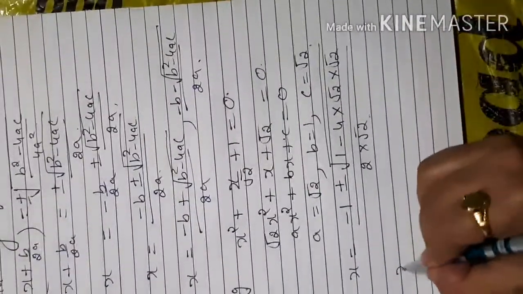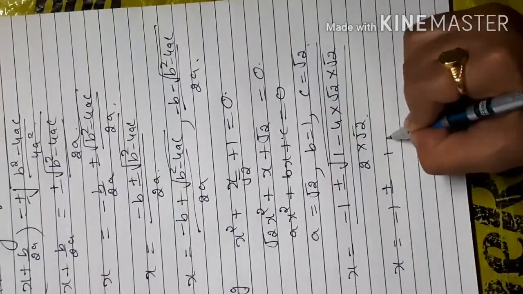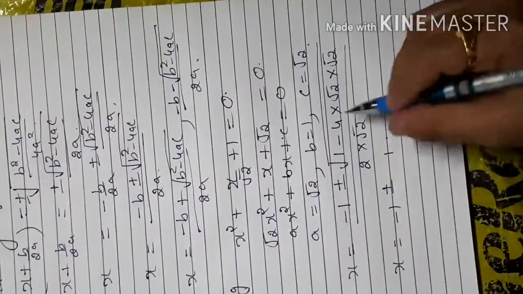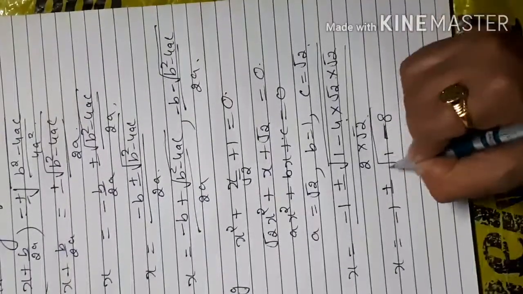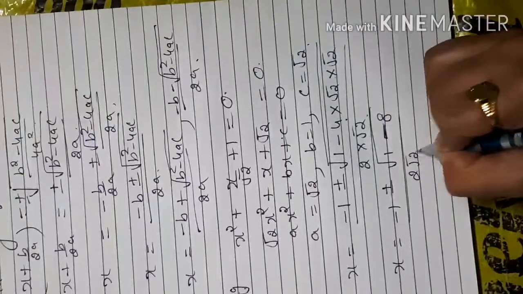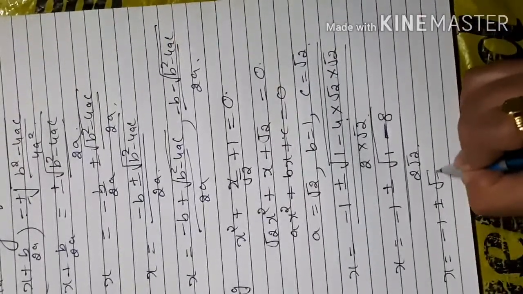So when you solve this further, x is equal to minus 1 plus minus the square root of 1 minus 4 into 2, 8, by 2 root 2. Then x is equal to minus 1 plus minus the square root of minus 7, by 2 root 2.